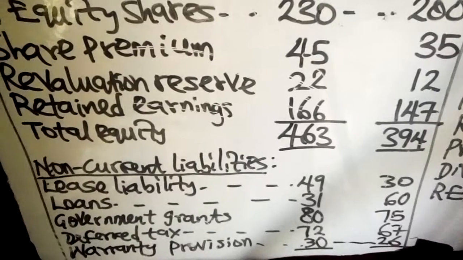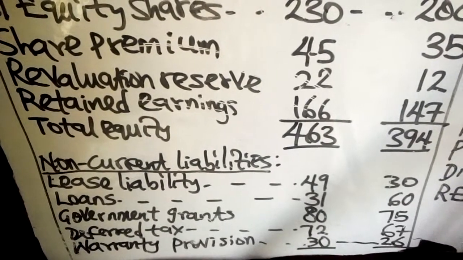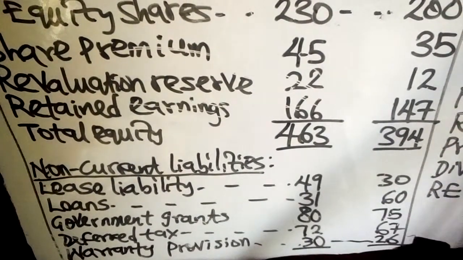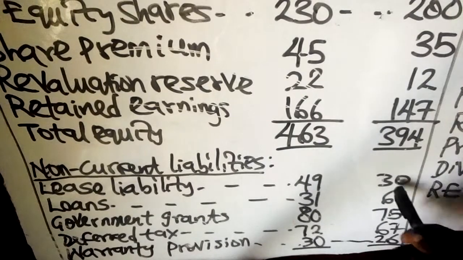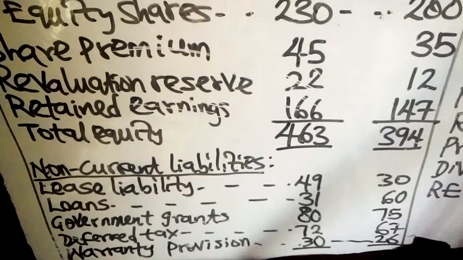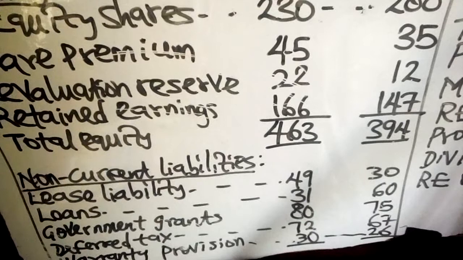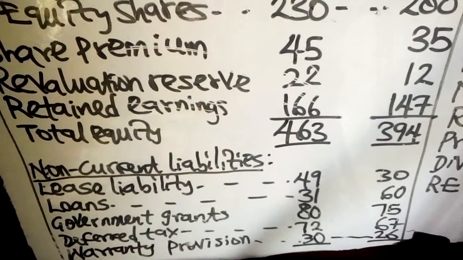Then we have non-current liabilities, which include lease liability 49 for 20x7 and 30 for 20x6. We have loans 31 for 20x7 and 60 for 20x6. Then government grants 80 for 20x7 and 75 for 20x6. Deferred tax 72 for 20x7 and 67 for 20x6.